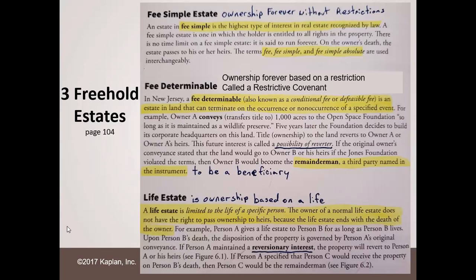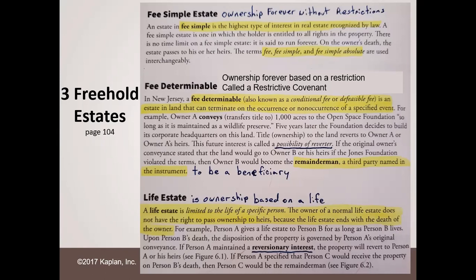For example, if I gave you ownership of my property for as long as you're alive, you have ownership of that property for the rest of your life. That's all the rights I gave you. You could do anything you want with that property while you're alive.